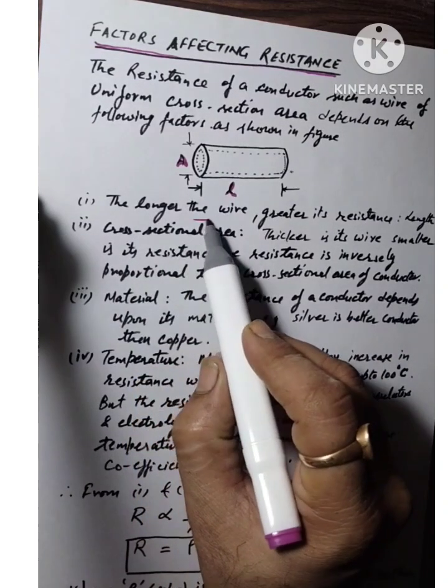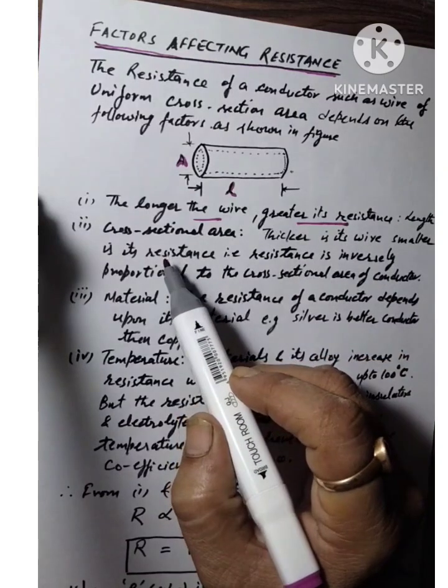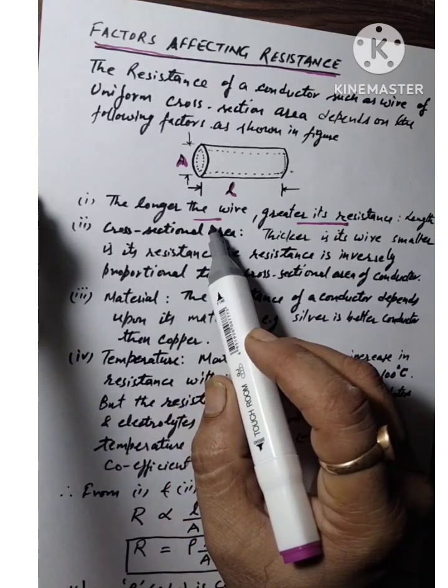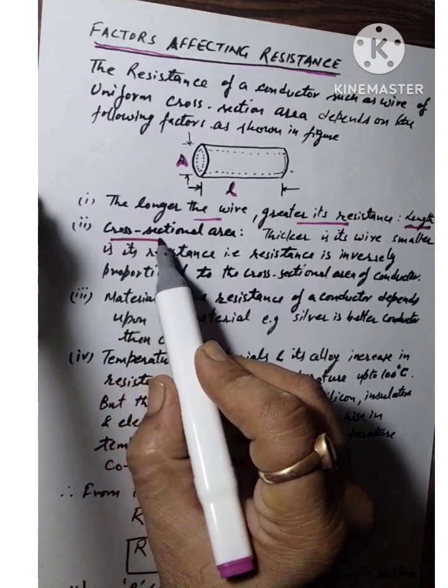The longer the wire, the greater its resistance. First point is it depends upon the length. Second, the cross section area.